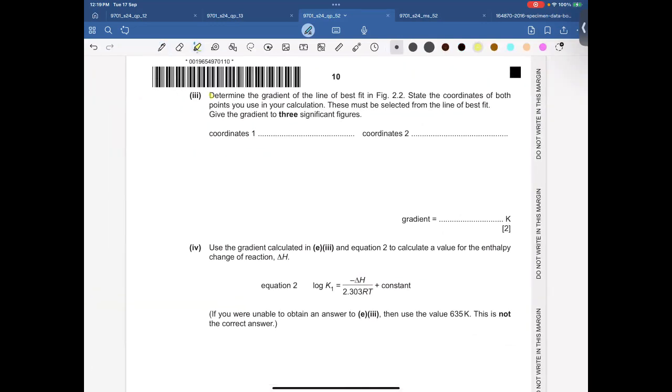Determine the gradient of the line of best fit in figure 2.2. State the coordinates of both points you use in your calculation. These must be selected from the line of best fit. Give gradient to 3 significant figures. So gradient has to be in 3 significant figures. Okay. And we need to find out the gradient from the line of best fit.